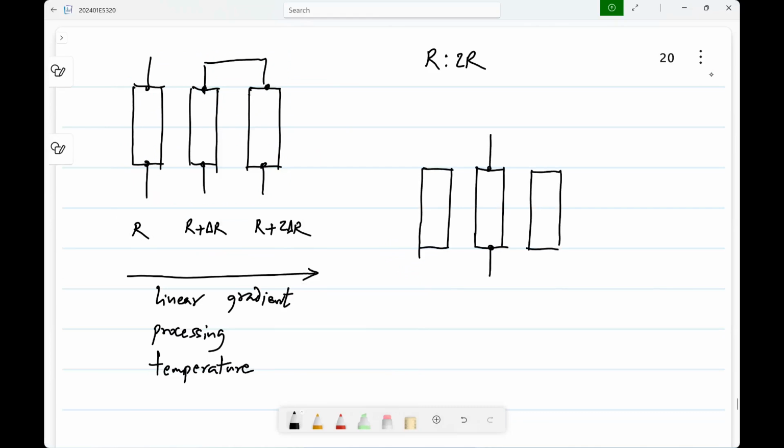The center one must be the single element, and the other two you connect in series. So this will be R, the middle one will be R plus delta R, and the others will be 2R plus 2 delta R. So this is another principle that is used with linear gradients.